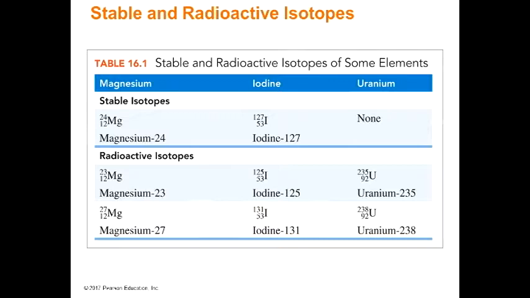Okay? Note here for magnesium, we have 12, 12, and 12. But what happens? The mass number changes: 24, 25, and 26. If the mass number changes, therefore what changed? The number of neutrons. And that is what we want to make sure you understand. And therefore you have a heavier and lighter iodine. You'll hear people say that.